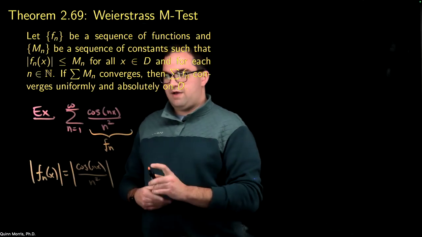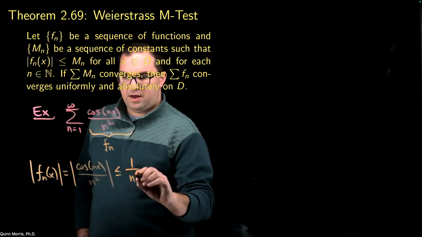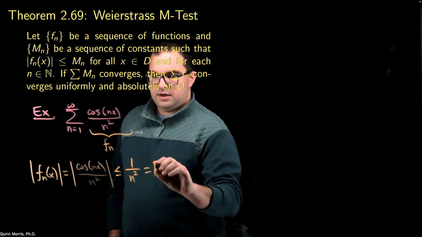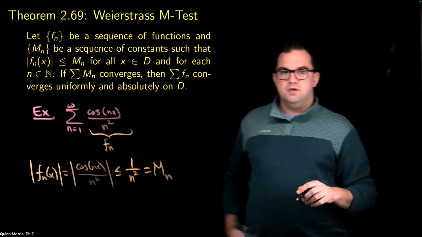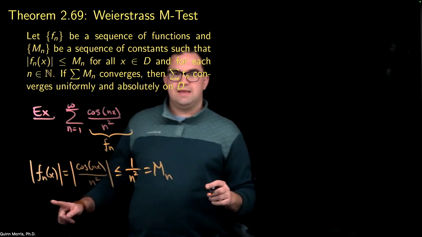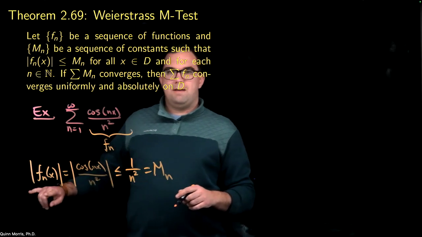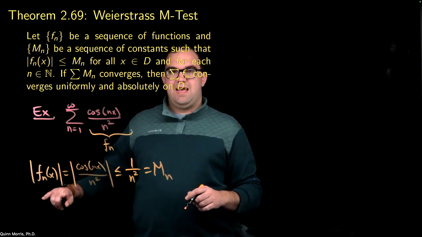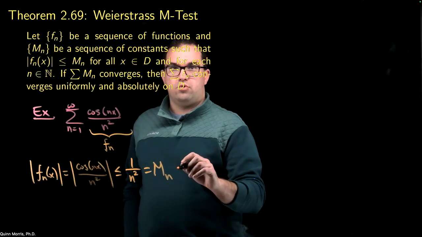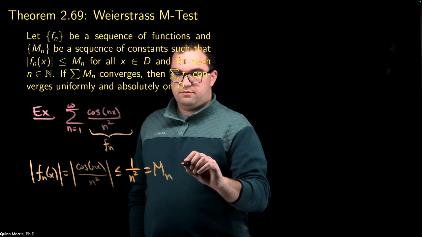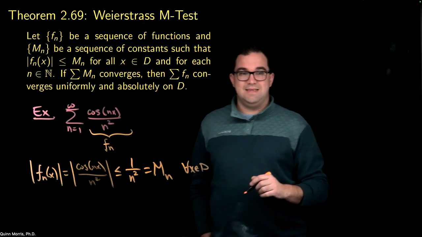Cosine of nx in absolute value is always less than or equal to 1. And I'll leave the bottom as n squared. And so this will be my M sub n. So again, what we're saying is I want to create these M sub n's by bounding the absolute value of f sub n of x, but this bound M sub n needs to work for every x in the common domain D.